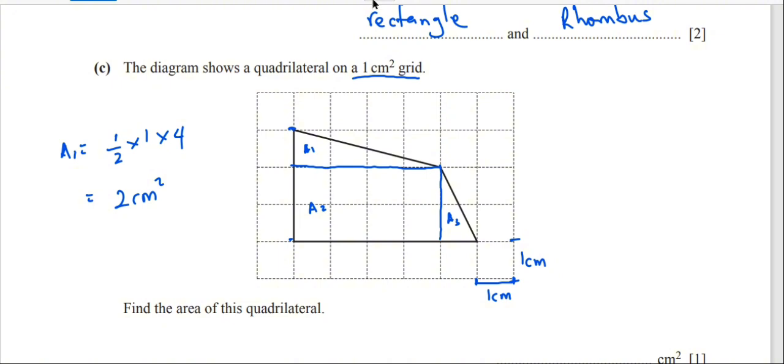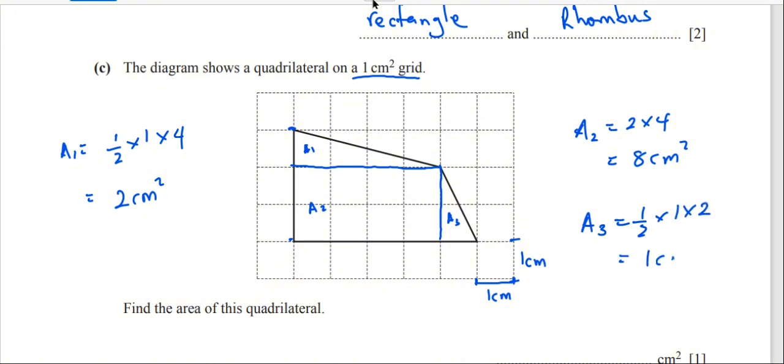So I will come here and find for A3. Okay, A2 first. A2 is a rectangle. That's 5 boxes against 2. So 1, 2, 3, okay, 4 boxes against 2. So that will give us 2 times 4, which is 8 cm square. And A3 is also another triangle, which is 1 over 2 times 1 times 2.